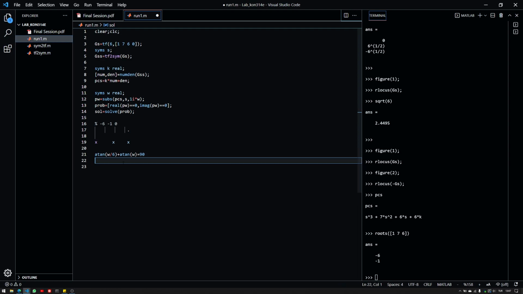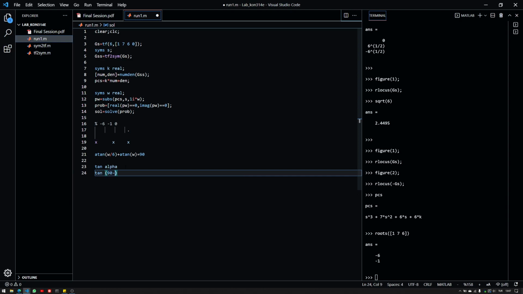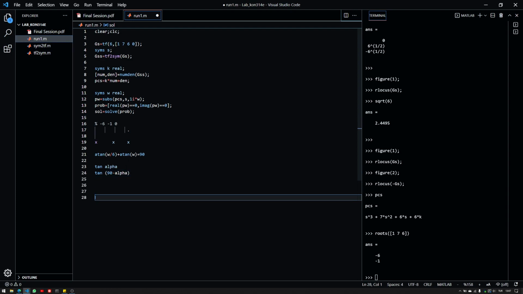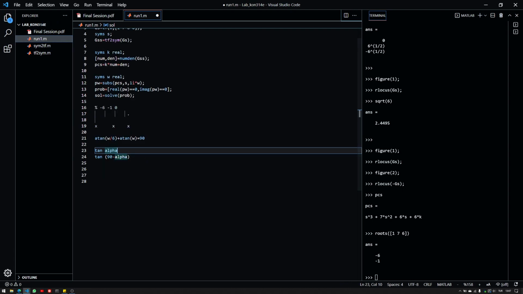Now, this is a special case, because in order to have this here, you can directly see that one of the atan, or the tangent of something, a divided by b, if this is, for example, alpha, if we have alpha here, and if we have tangent of 90 degrees minus alpha, since this would be the case here, what you can do is you can directly get rid of this expression and convert it into the following.